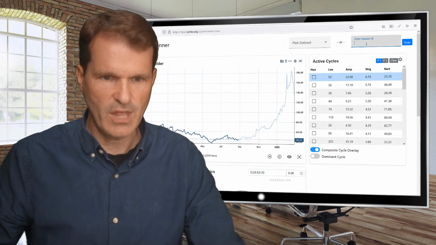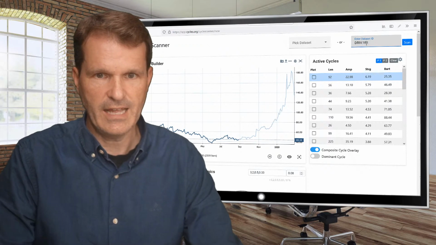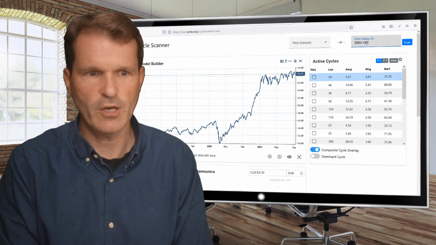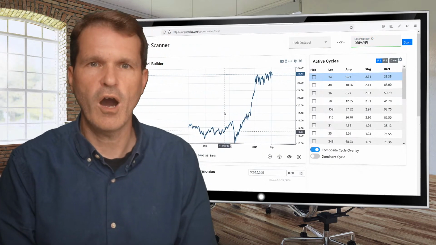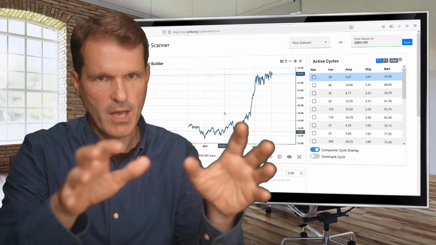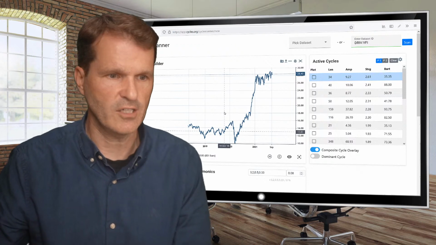So let's put in the ticker symbol and add the abbreviation to pull the data from Yahoo Finance. This now gives us, instead of one stock, a view on a kind of market spectrum, which is much broader than just one stock.